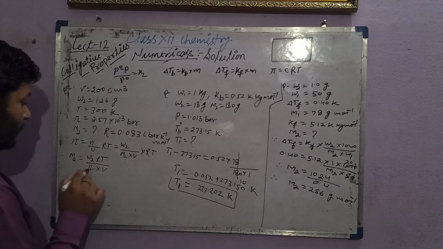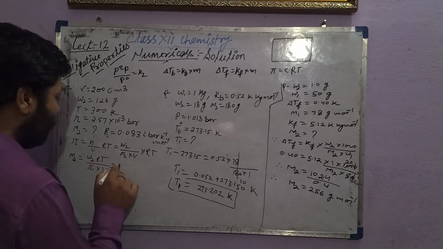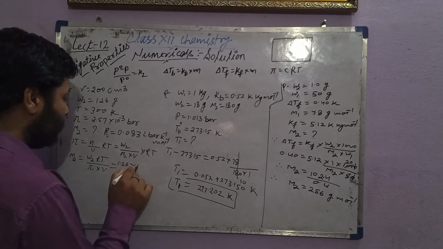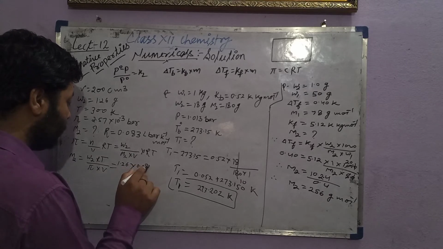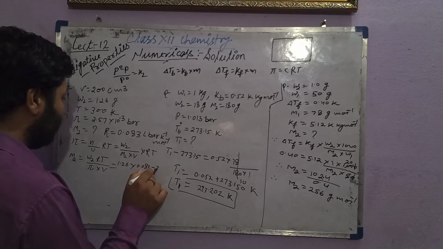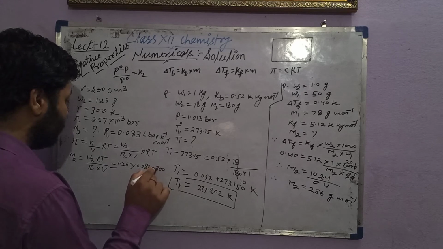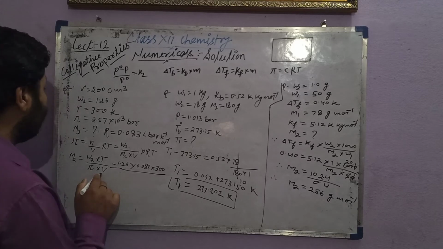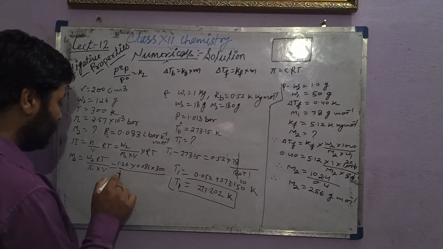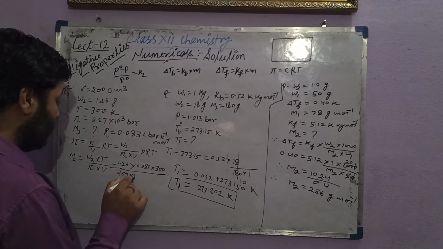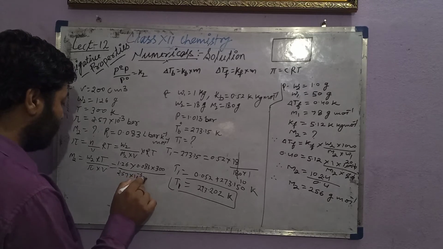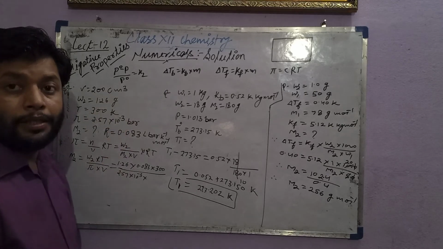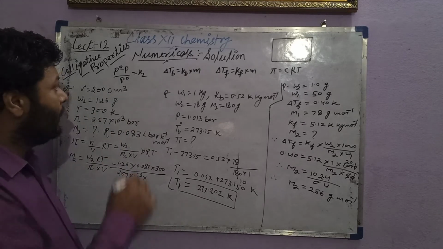W2 is given, 1.26. R is given, 0.083. Temperature is given, 300, and temperature is always in Kelvin. Pi is given, 2.57 into 10 to the power minus 3. Volume is given, 200 centimeter cube.